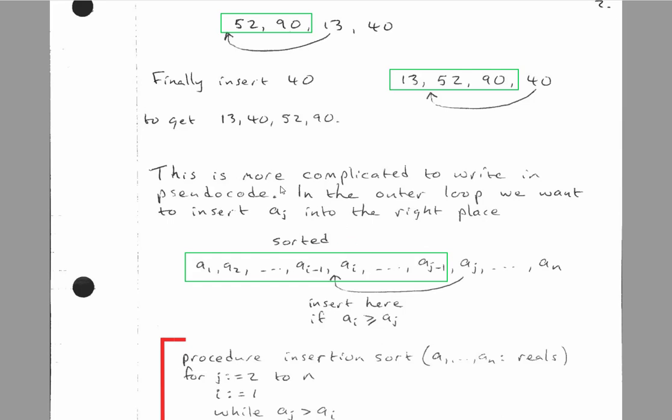So our outer loop is going to be a j loop, and it decides where to insert the jth element, a sub j. Midway through the procedure, you've got the first j minus 1 elements sorted, and you have to figure out where to put a sub j.